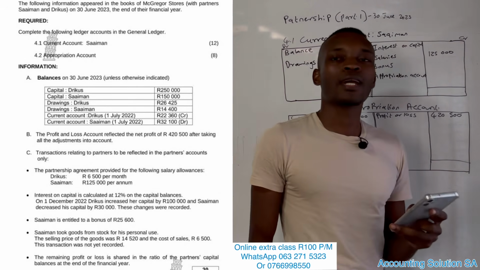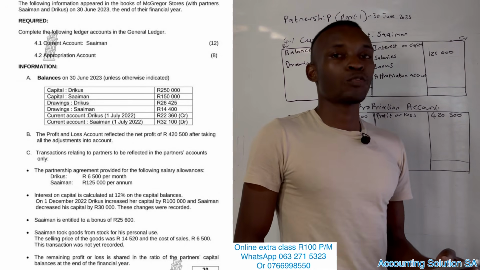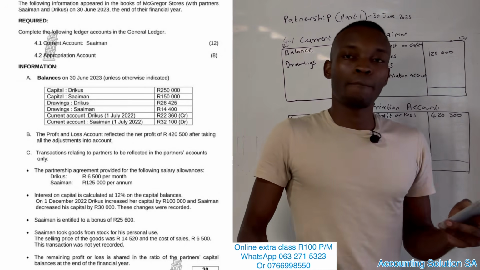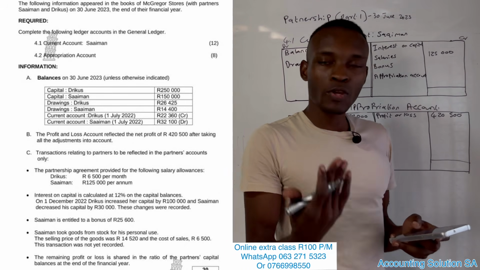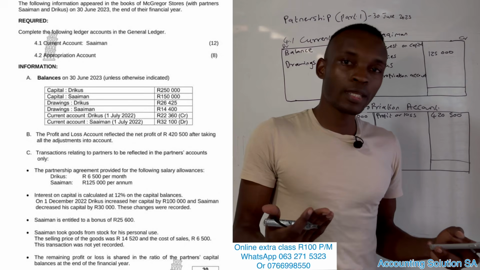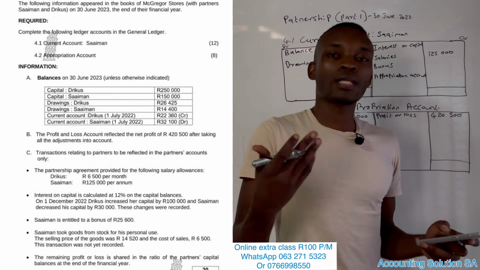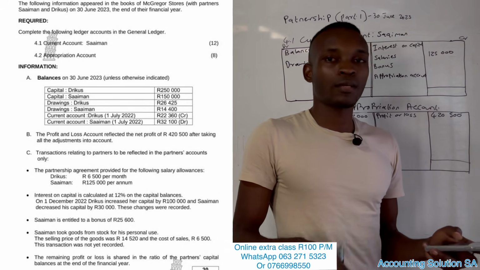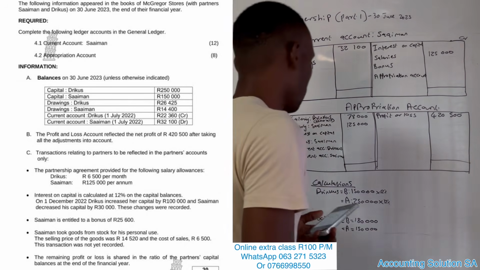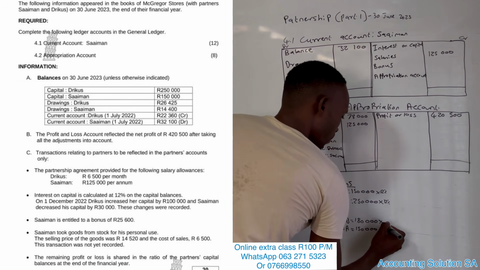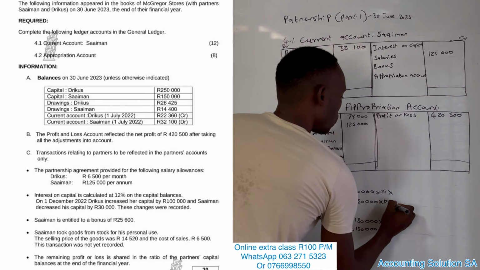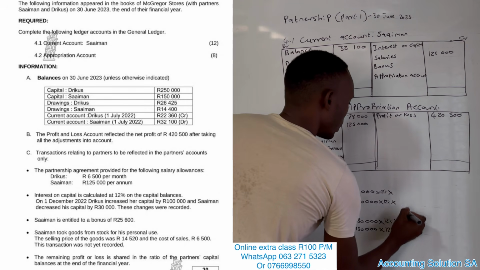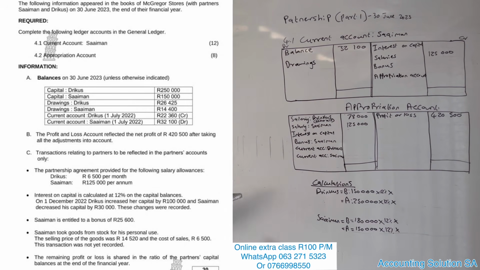So you must be careful. Before decrease, it was more. From your 10 rand, before you eat 3 rand, it was 10 rand, but after you eat that 3 rand, it becomes 7 rand. Okay, so we are going to multiply by 12%.